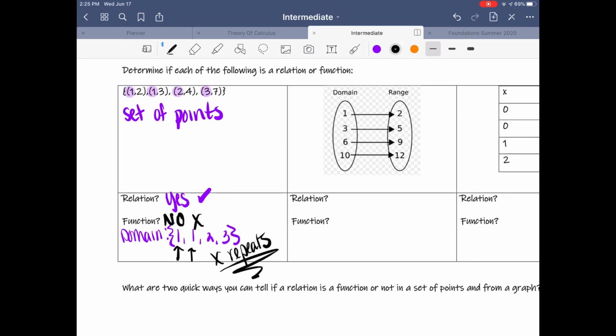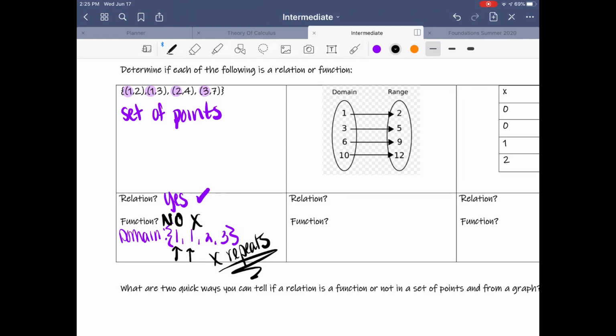This next one beside it is called a mapping, and it is showing you how the points are mapped. So this point is 1, 2. This point is 3, 5, 6, 9, 10, 12. So it's telling you up here, this is the domain, this is the range. We know that domain is typically associated with x, range is y, so that's why I wrote the points in that order, and it does matter. So is this set of points a relation? Yes.